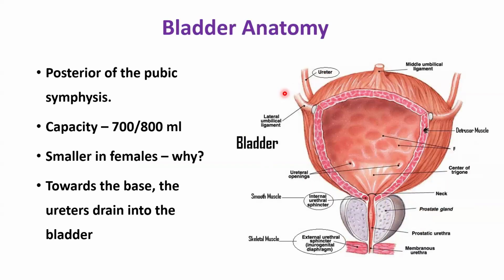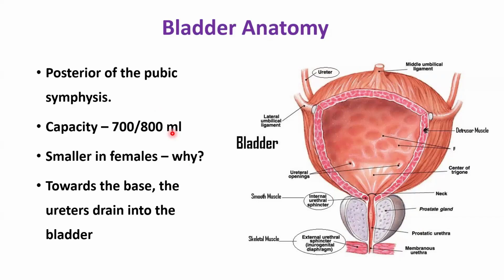And for the bladder anatomy, just remind us, it has a smooth muscle known as the detrusor muscle. And this bladder has a capacity of 700 to 800 milliliters.